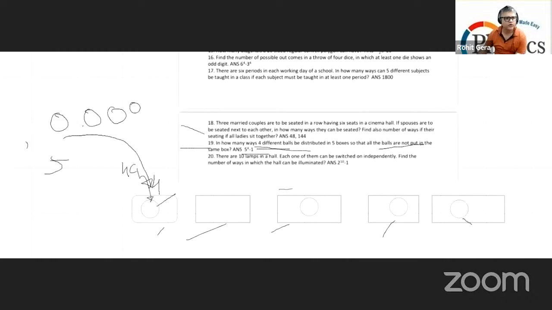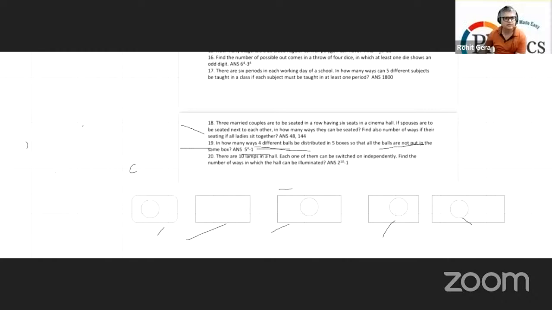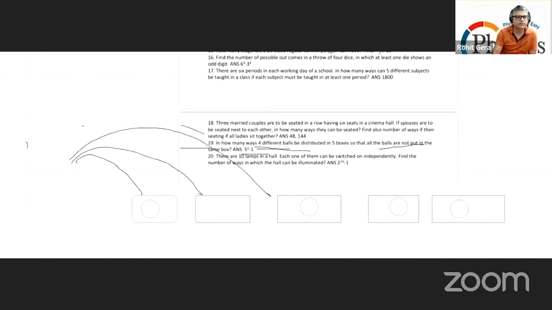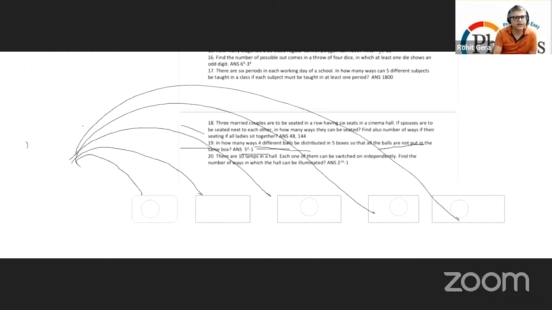If you have four balls available as options, how many balls are possible in? So first ball can be distributed in how many ways? 5 ways, right? 1, 2, 3, 4, and 5. So this is the way I can distribute my first ball.